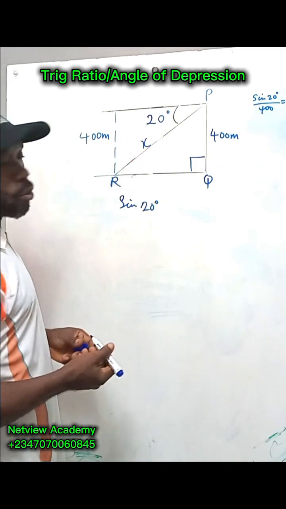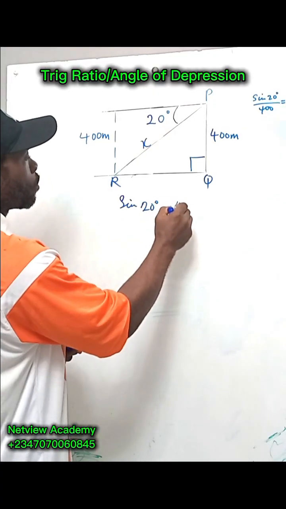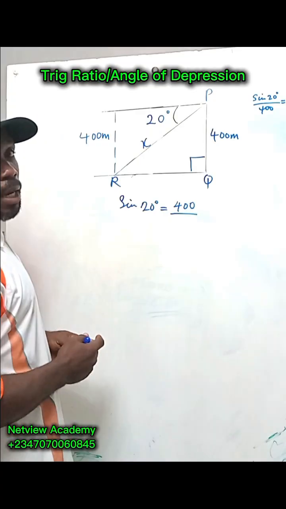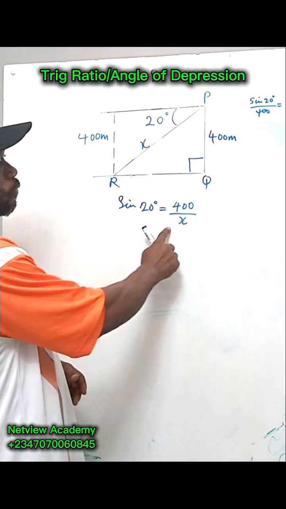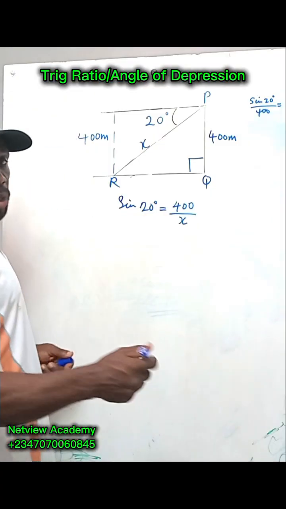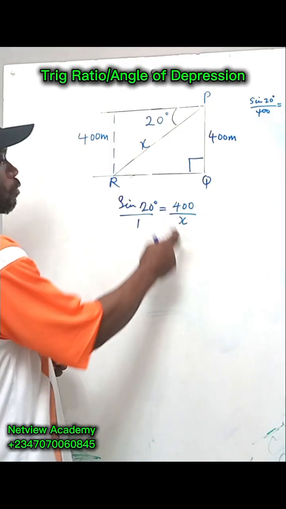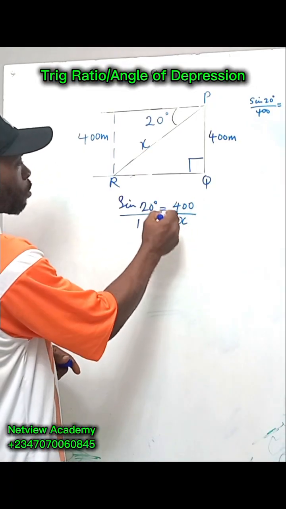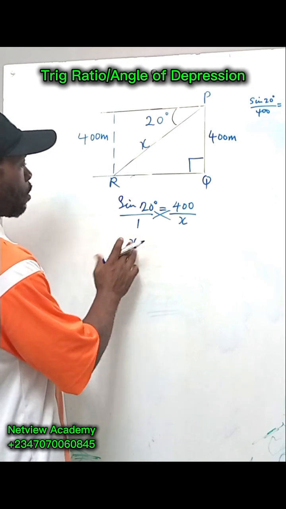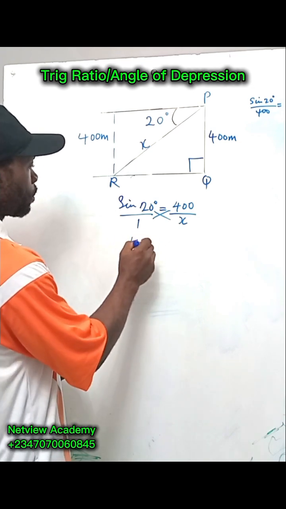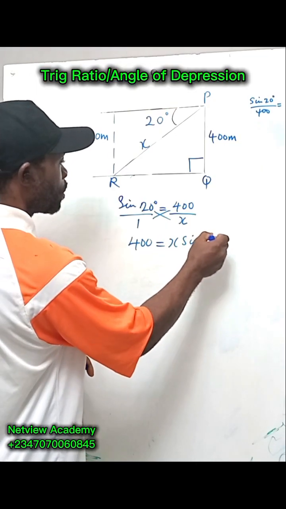Opposite over hypotenuse is sine 20 degrees, which is equal to 400 over the slant distance x. If we cross multiply, this becomes 400 is equal to x sine 20 degrees.